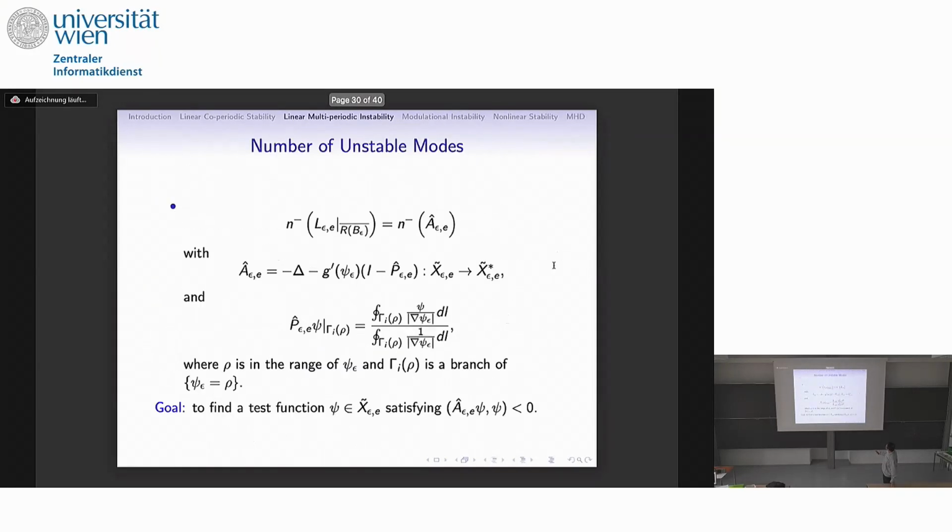So this is the projection to the kernel of the transport operator. This is a more complicated projection, so possibly there is no hope of solving this spectral problem explicitly like before. But to prove instability, we only need to find a test function such that this quadratic form is negative. We don't need to solve the whole spectral problem. As long as you can find one test function such that this quadratic form is negative, we're done.